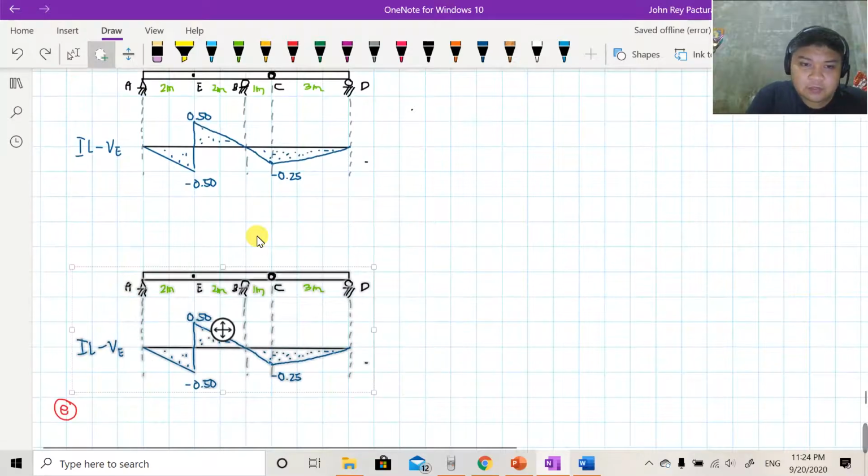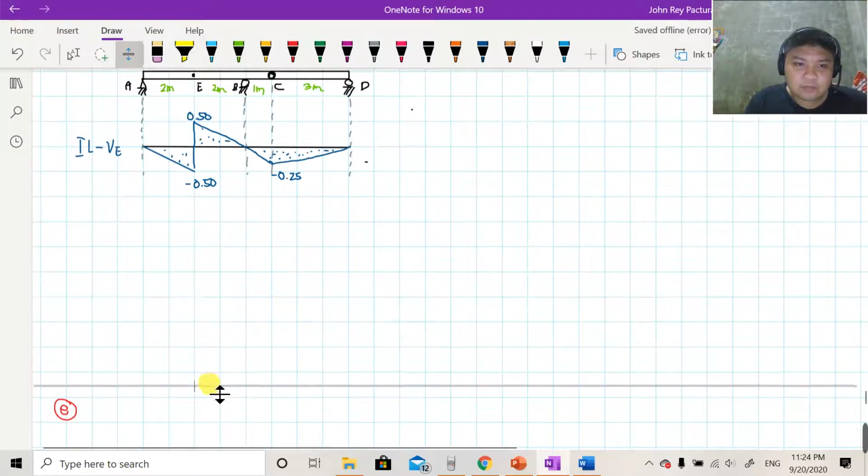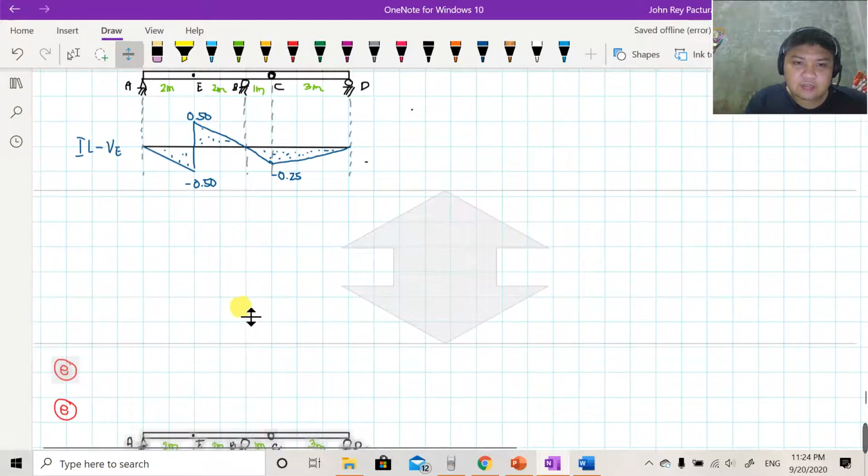Supposed to be, dapat i-compare natin, class, both positive shear and negative shear, di ba?